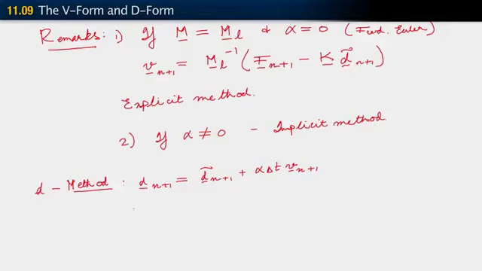What that implies then is we get Vn plus 1 equals D n plus 1 minus D n plus 1 tilde, divided by alpha delta t. This of course holds only if alpha is not equal to 0.